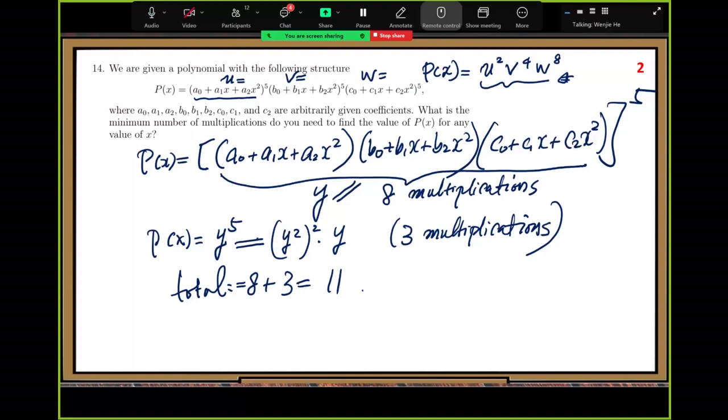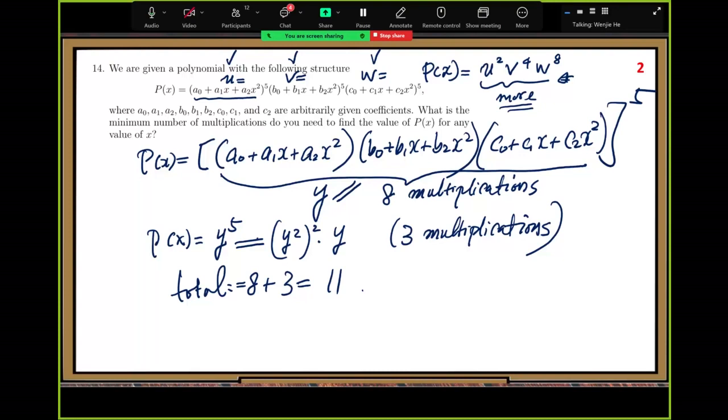So we just count the multiplications after we get u, v, w. U you need 2, V you need 2, W you need 2. After that, how many more do we need to get the final product? Look at the structure. The exponent numbers are even numbers.